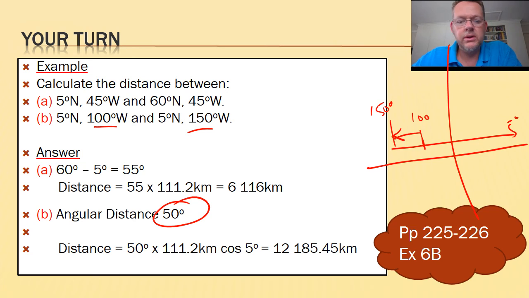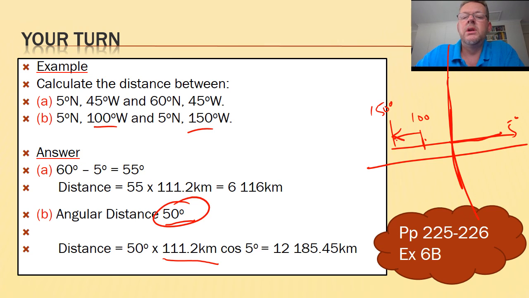Okay, so we've just got to think about this. Well, this is a short circle because it's not along the equator or it's not on the same longitude. So we're going to say our angular distance of 100 to 150 is 50 degrees.